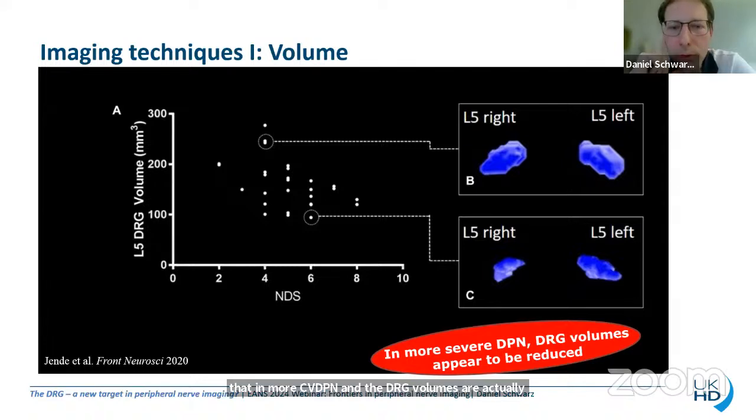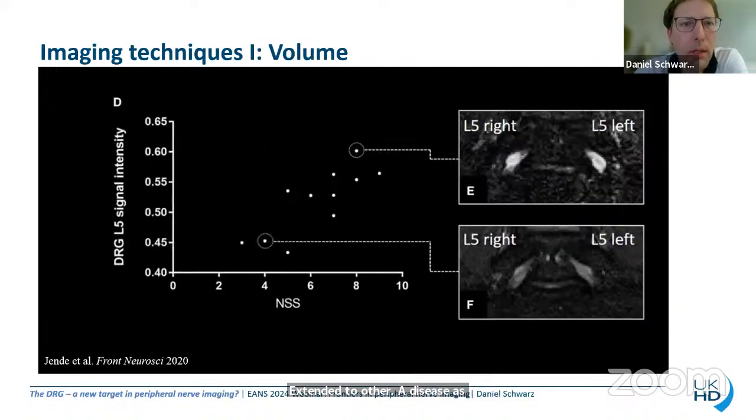So what we can conclude from all these studies is that in many cases we have an increase of the DRG associated with painful phenotypes, but not in every case. So this is definitely something that needs to be extended to other diseases as well, but that is what we know for now.